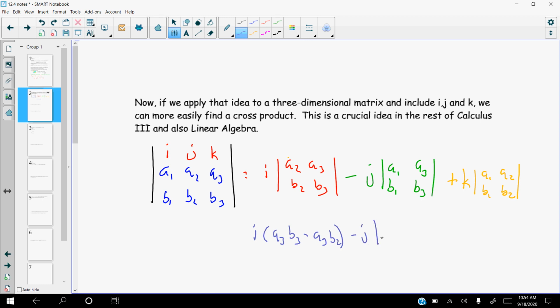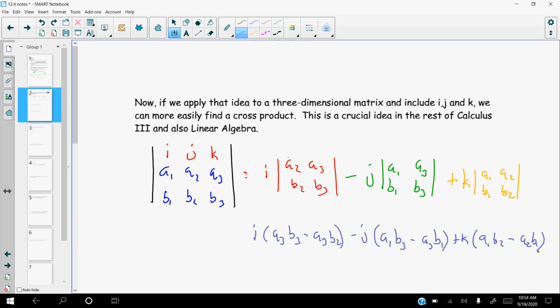Minus J, times A1, B3, main diagonal, minus A3, B1. And then the last one is K times A1, B2, main diagonal, minus the minor diagonal, A2, B1.